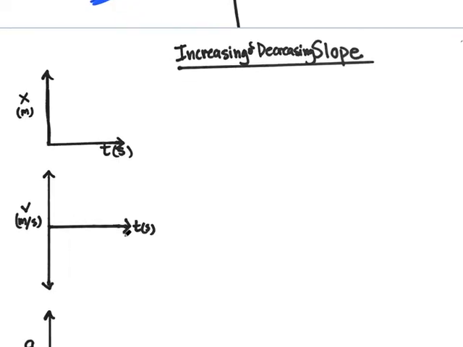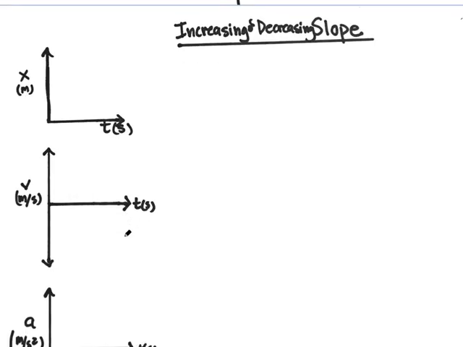So now I'm going to show you the difference between increasing and decreasing slopes. Let's start off with talking about a slope that is increasing, and we just saw that on the last page. So an increasing slope looks like that. Now, how do I know it's increasing? The best thing to do when you see a curved line on a position time graph is to make these tangent lines.